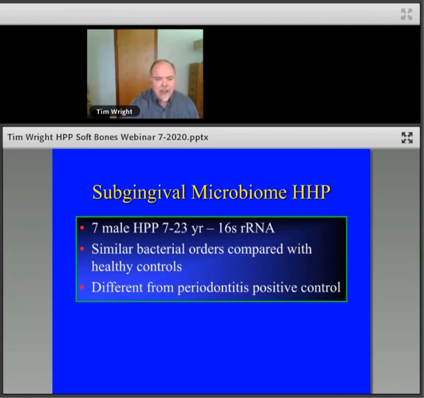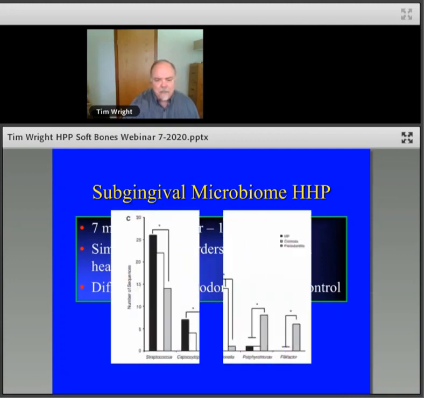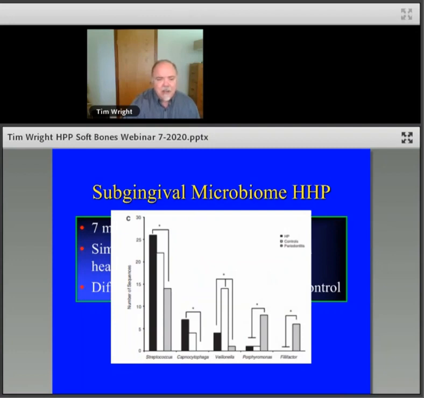Periodontal disease, I get questions about that a lot. This is the only study I'm aware of where they actually looked at people with hypophosphatasia, and again, they only looked at a few of them, 7 males, and compared their oral bacteria to those of people without any disease. The middle white bar is controls, and then people with periodontal disease, who had periodontitis.